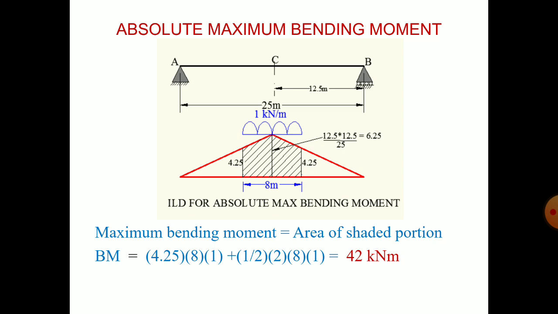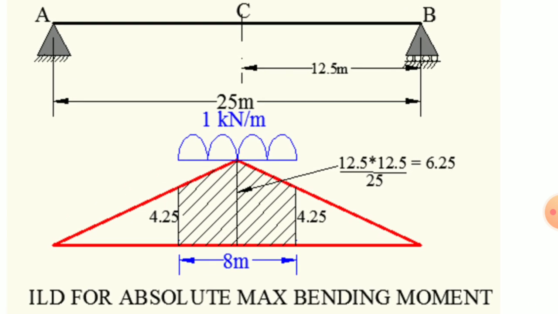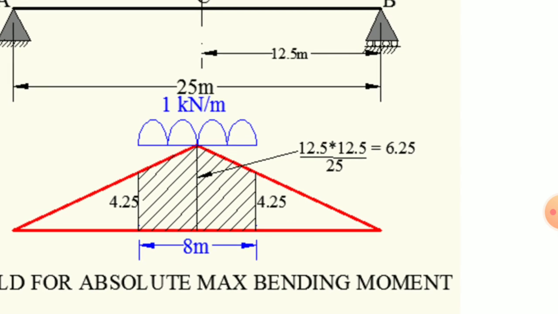Then the absolute maximum bending moment will be at the center, and you have to locate the UDL exactly at the center. The ordinate at the center will be equal to 12.5 into 12.5 divided by 25, that is ab by L, so that works out to 6.25. If you find the ordinate at the end of the load and at the starting of the load, that will be 4.25.